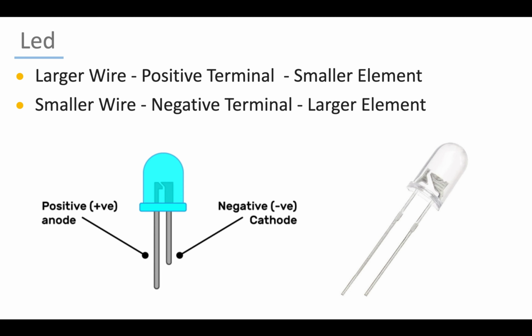And as you can see, the larger one is the one which is connected with the smaller wire, while the smaller is the one which is connected with the larger wire. So our larger element is the negative terminal and the smaller one is the positive terminal. So you can just simply remember it: smaller is for the positive and larger is for the negative.